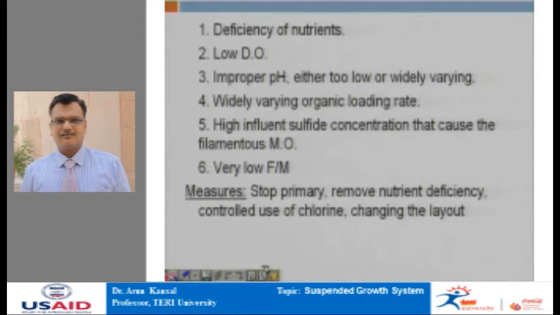The first reason for sludge bulking is the deficiency of nutrients. The nutrients in the wastewater are nitrogen and phosphorus. Let me explain in a little more detail, because it is a very important concept. How is BOD removed in a biological treatment system? As I mentioned earlier, the BOD is removed partially by getting converted to CO2, that is, carbon is converted to CO2, and the remaining part of the BOD is removed as cell biomass.